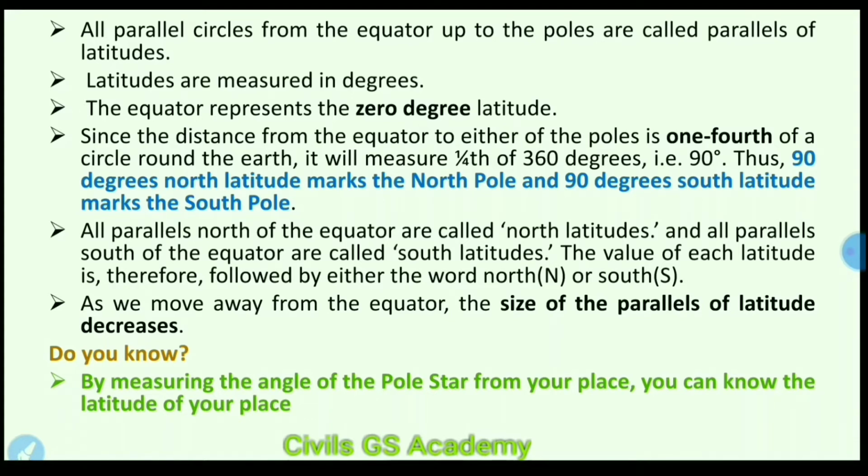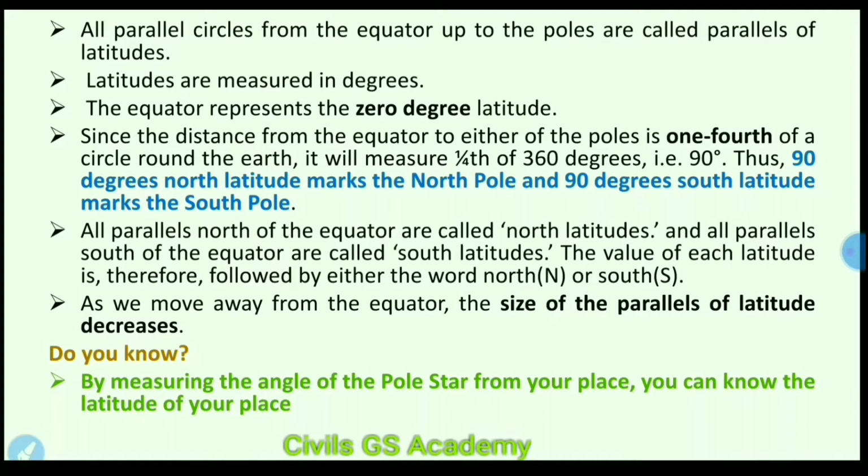And to conceptualize what is latitude, just imagine that lines which are lying parallel to the equator are called latitudes. Since the distance from the equator to either of the poles is 1/4 of a circle round the Earth, it will measure 1/4 of 360 degree.